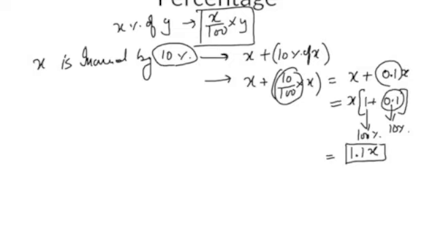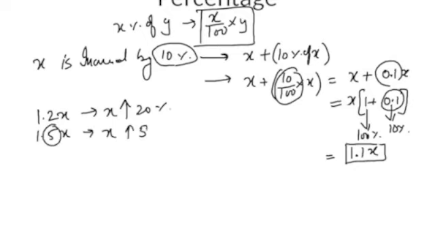So if I say 1.2x, that means x has been increased by 20%. If I say 1.5x, that means x has been increased by 0.5, and 0.5 means 50%, since 50 by 100 is 0.5.